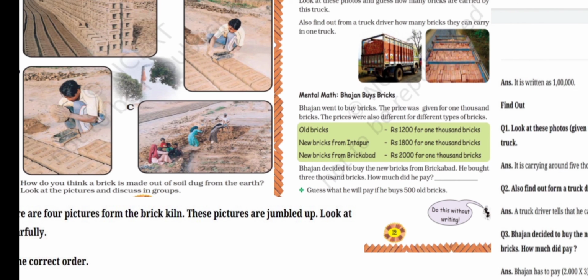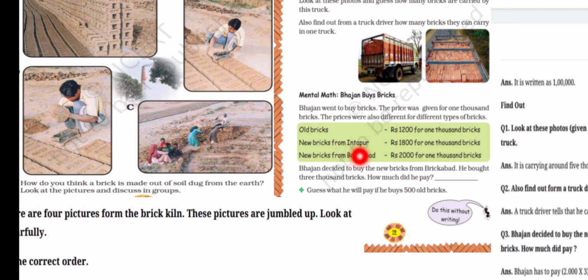Bhajan went to buy bricks. The price was given for 1,000 bricks. The prices were also different for different types of bricks. Here is the price chart. Old bricks: rupees 1200 for 1,000 bricks.